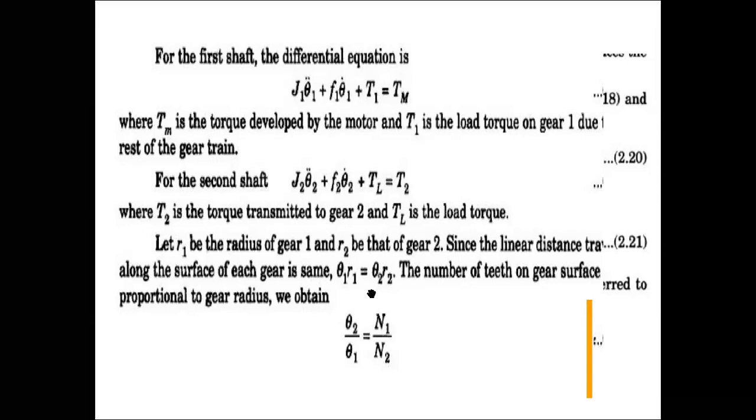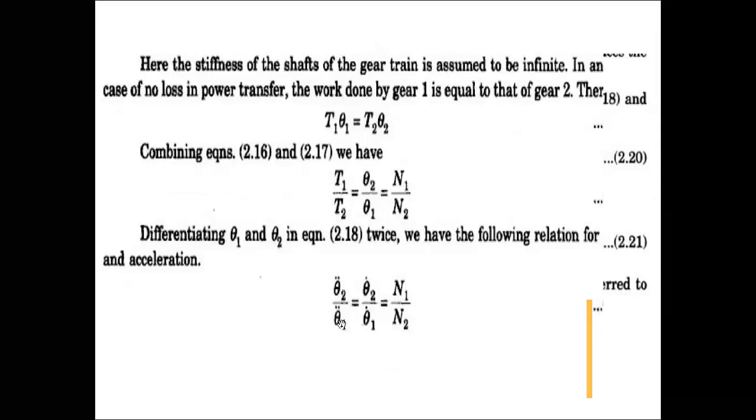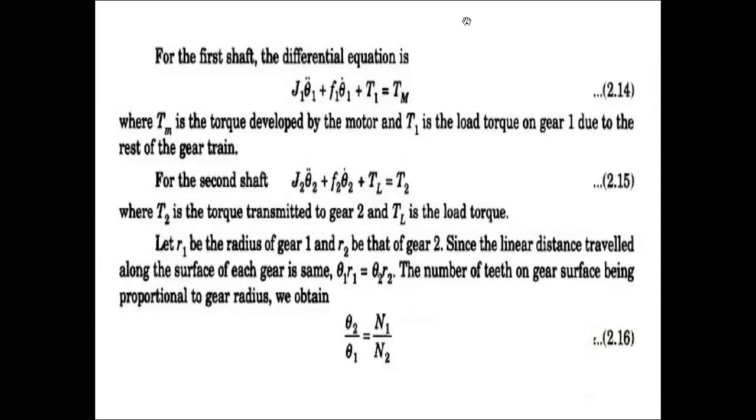Can I write theta 2 double dot equal to theta 1 double dot into n1 by n2? If I substitute here, it will be something like this. Let me substitute theta 2 double dot with theta 1 double dot into n1 by n2.